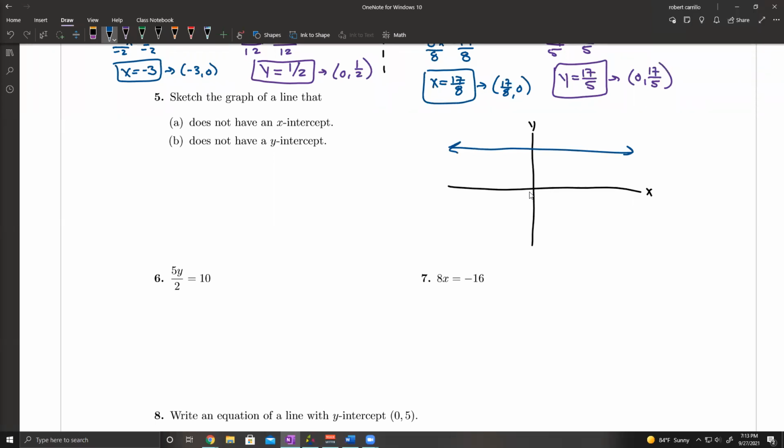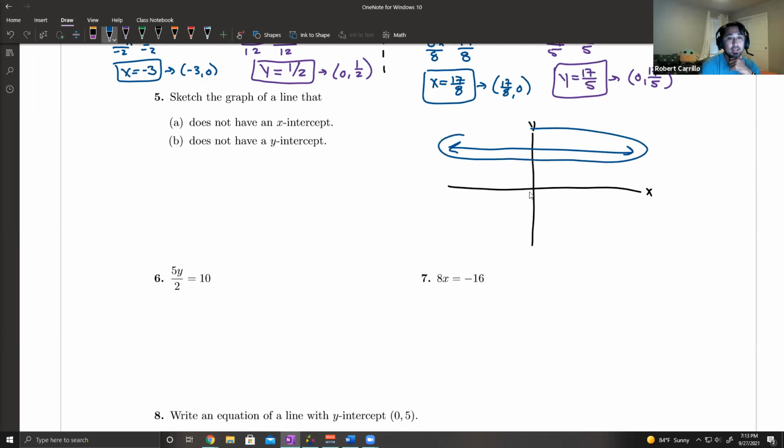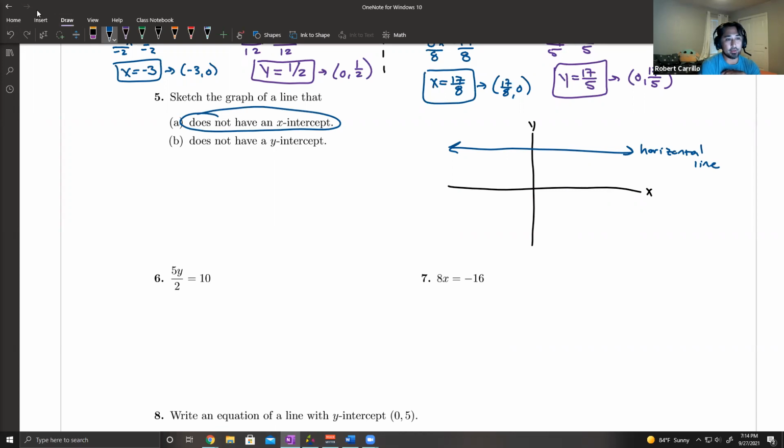No. So this would represent a line that does not have an x-intercept. It could be any horizontal line, wherever you put it, as long as you don't put it on the actual x-axis.